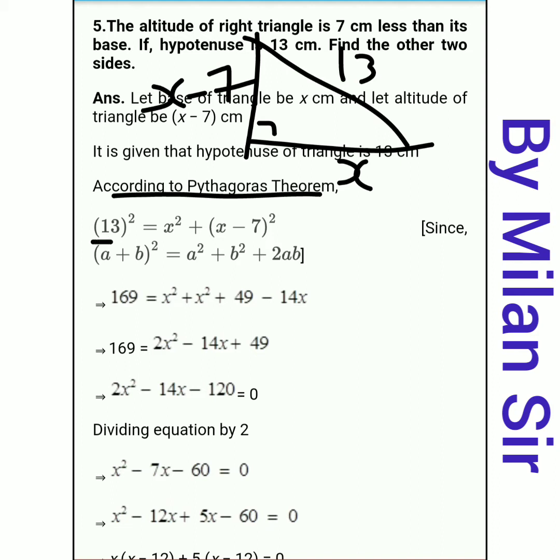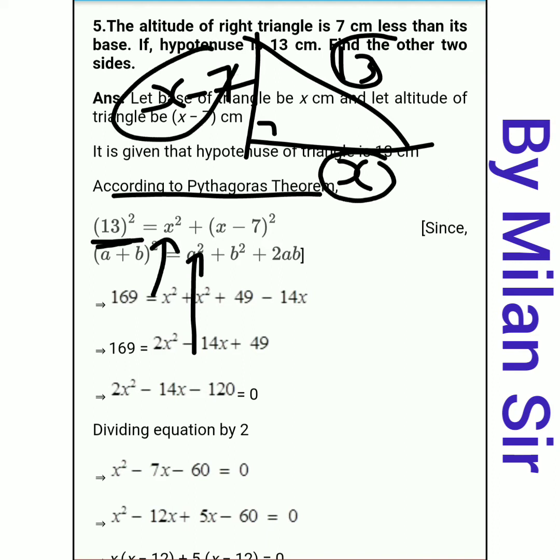So the hypotenuse is 13, so 13 square is equal to the sum of squares of the other two sides. For sum we have addition, and square of the side: x square, and x minus 7 all square.